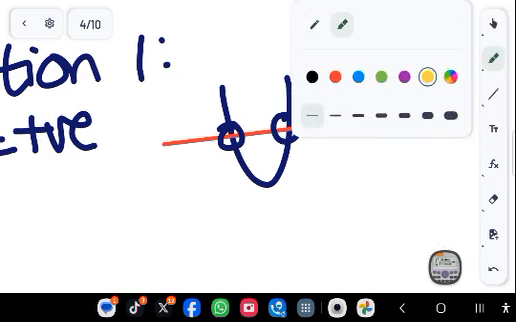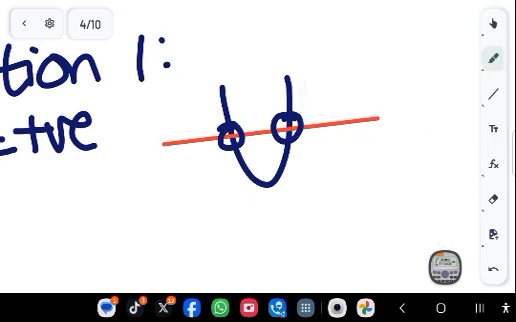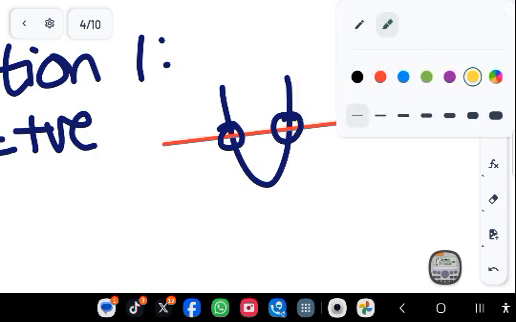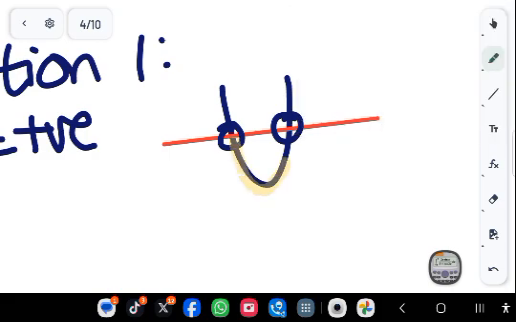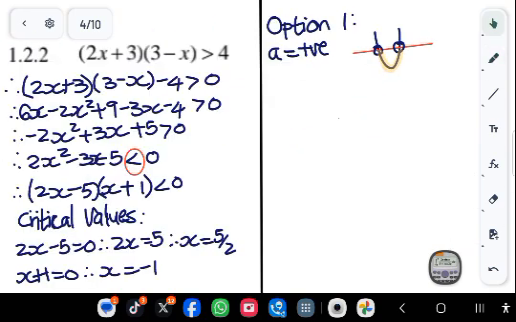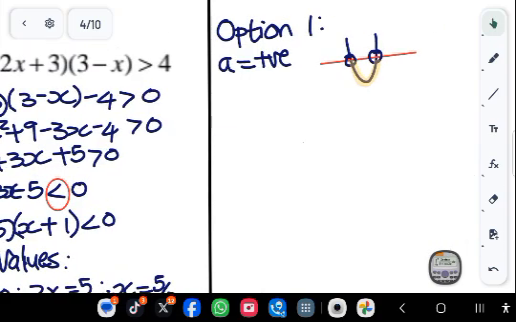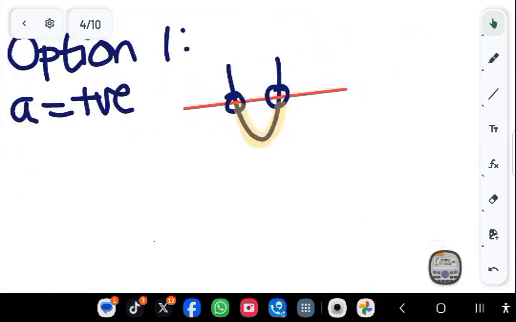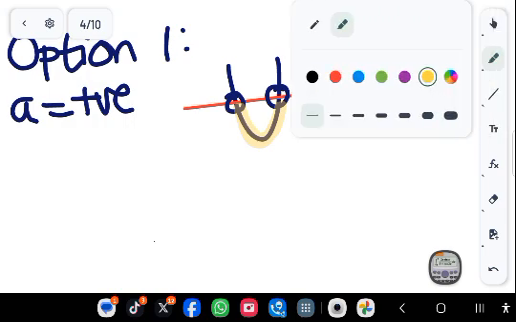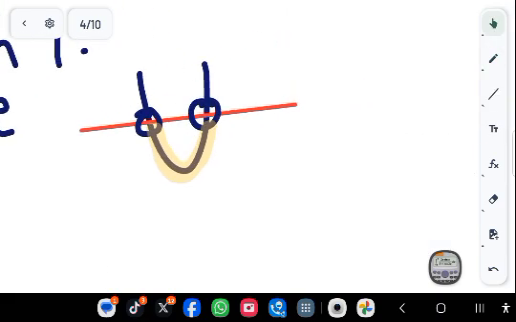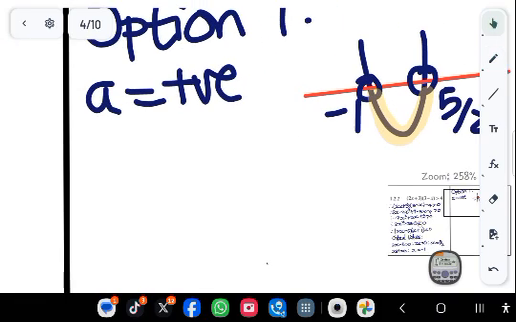Now this is where it lies below the x-axis. What are the critical values? The critical values are -1 and 5/2. Order them like it will be a number line.